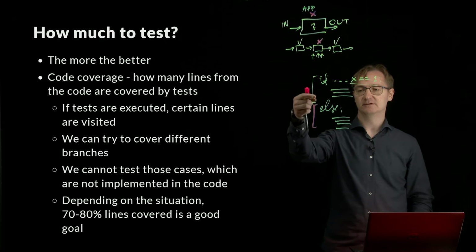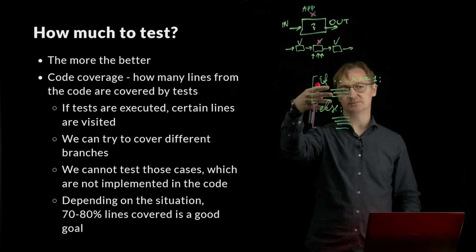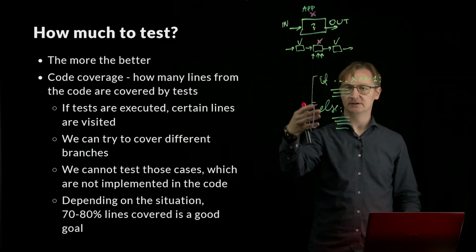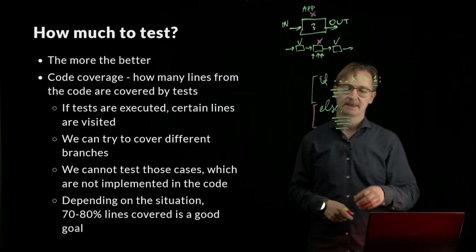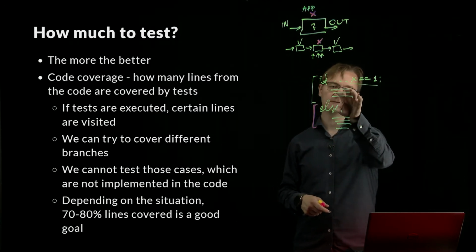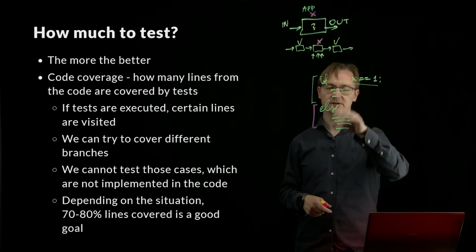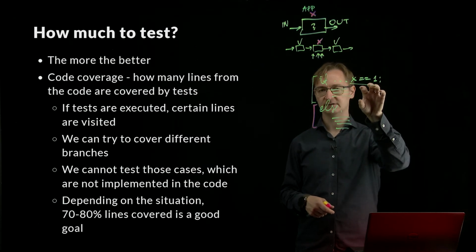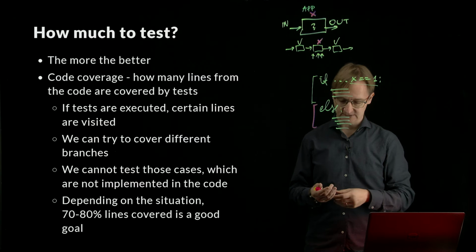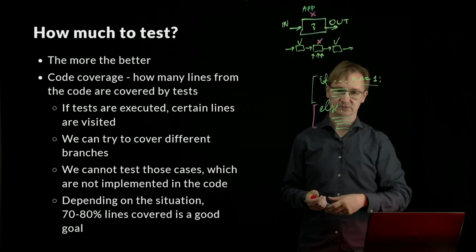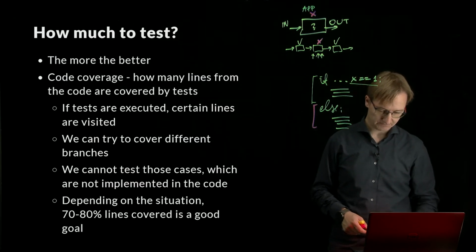So basically if I have 2 branches here, I have to have at least 2 tests. If I have 4 branches, I have to have at least 4 tests. I can have nested branches, so inside my if branch, I can have a separate if branch, and then I probably have to try to cover all those branches.